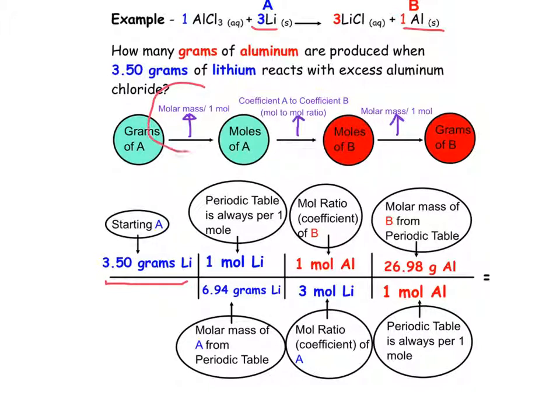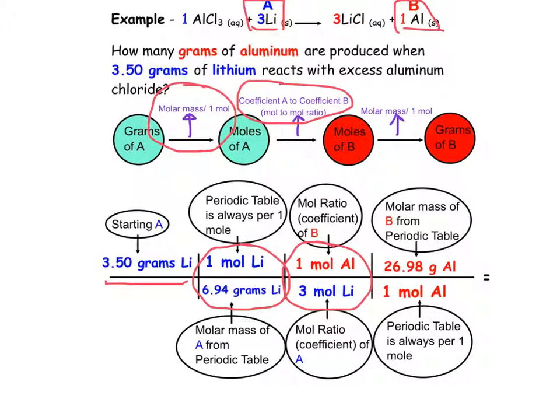And then we're doing step 1, which is our molar mass, like we've already talked about, coming from our periodic table. Our coefficients come from the problem above, and we see that step right here. And then last thing, it's just the same as our first step where we take our molar mass coming from the periodic table, which is always some grams per 1 mole. And that is our final step.